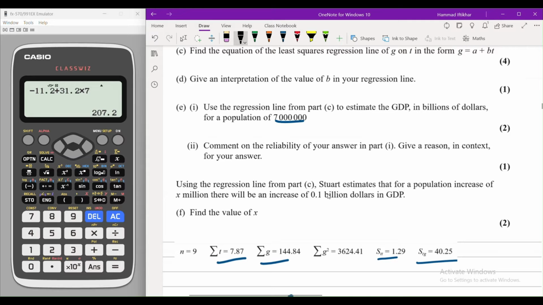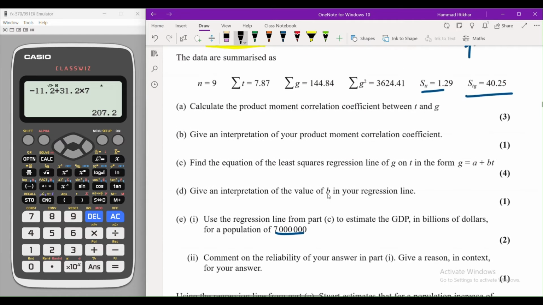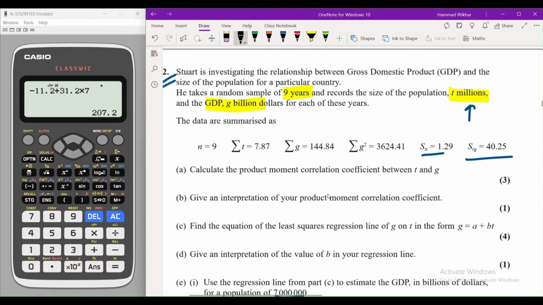Okay. Comment on the reliability of your answers in part 1. Give a reason and context for your answer. Okay. So if we see this over here, the sum of the populations for 9 years, they've just added up to 7.87.